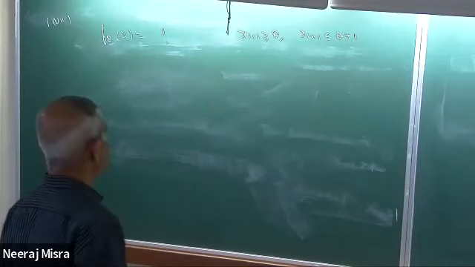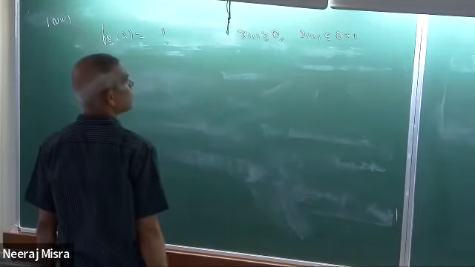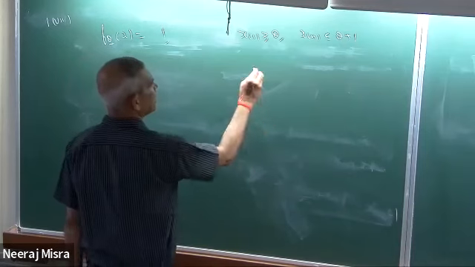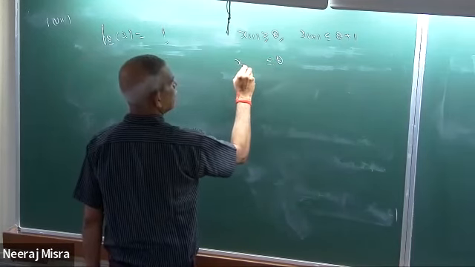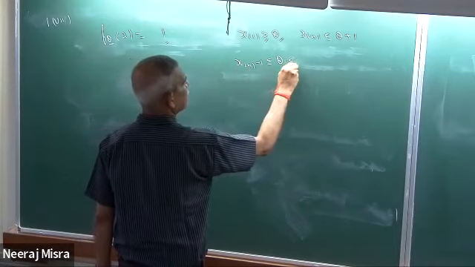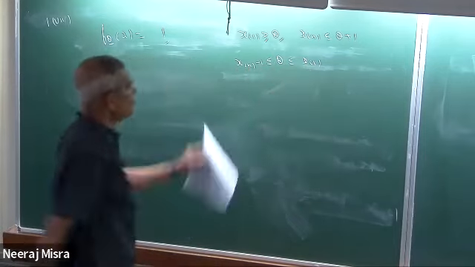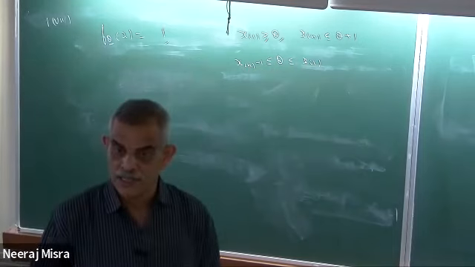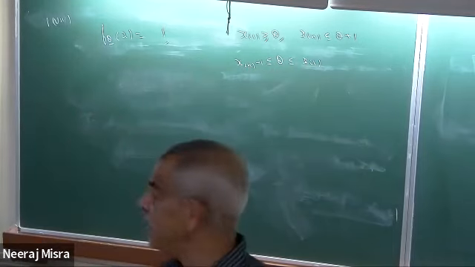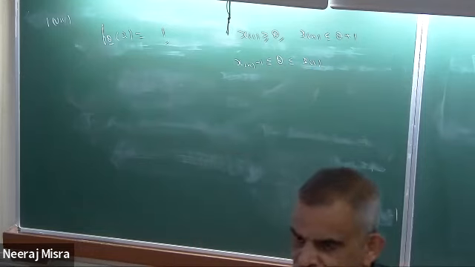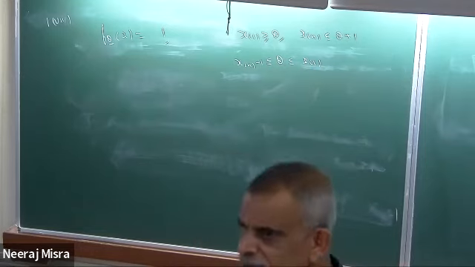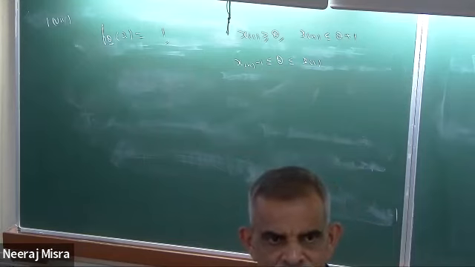That means theta lies between xn minus 1 and x1. One thing you should note here: under this model, the maximum difference between xn and x1 can be how much? 1, because they are in a unit interval. So the maximum difference between xn and x1 can be 1.